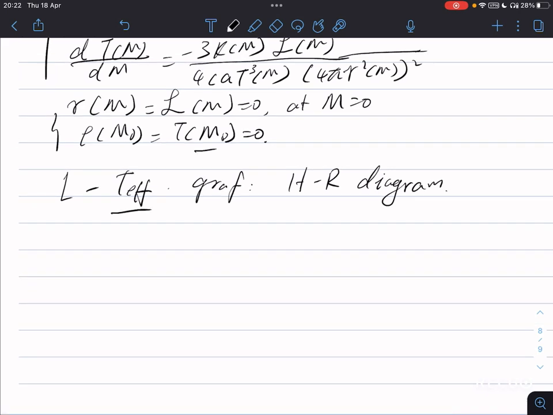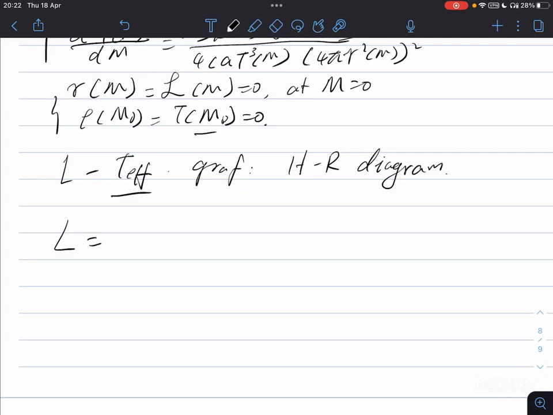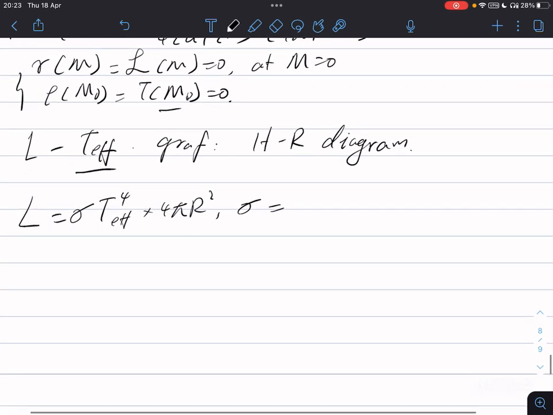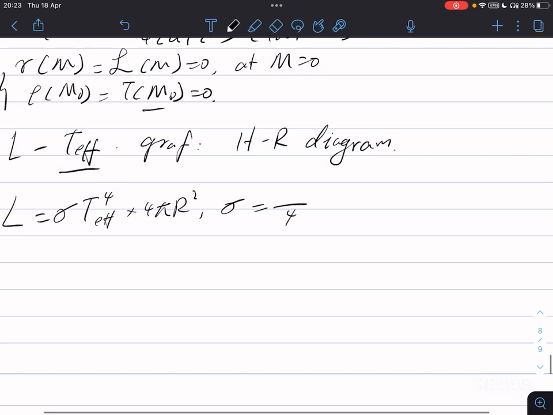Now notice that the effective temperature T is actually defined by the Stefan-Boltzmann law, L equals sigma T to the fourth times 4 pi r squared, where sigma is the Stefan-Boltzmann constant.